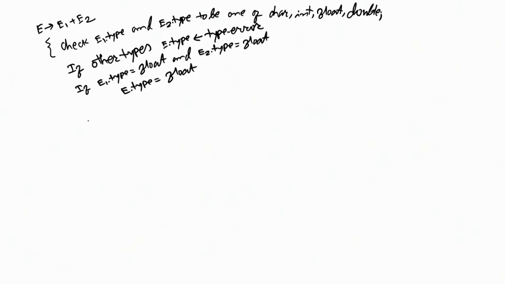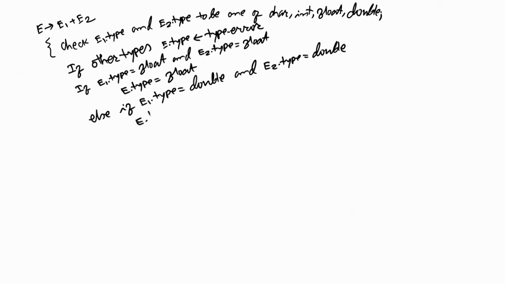Similarly, else if E1.type is equal to double and E2.type is equal to double, then we can say that E.type is equal to double.